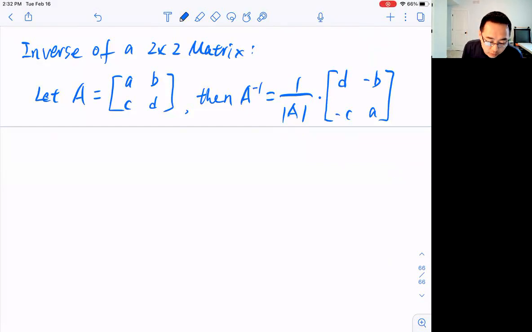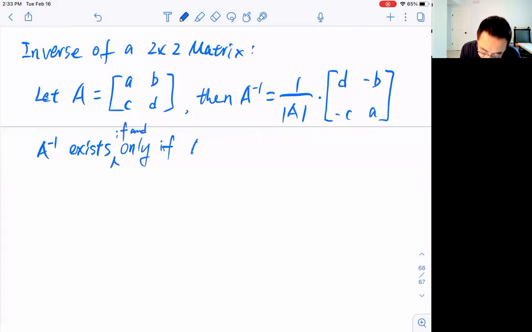Now, of course, you can see again the determinant is in the denominator. So this means A inverse exists if and only if the determinant is not 0.